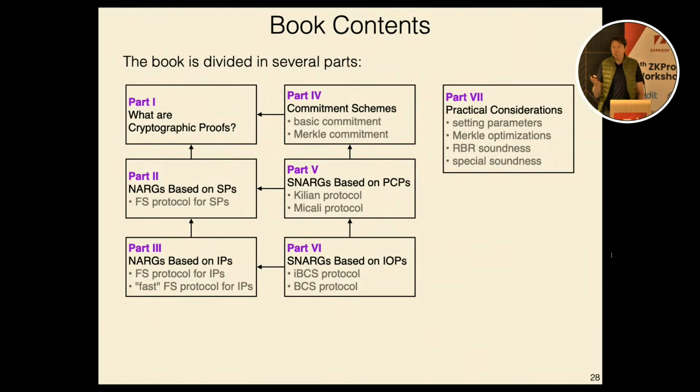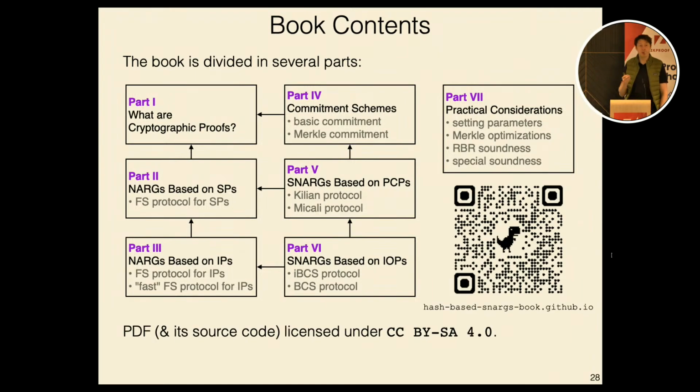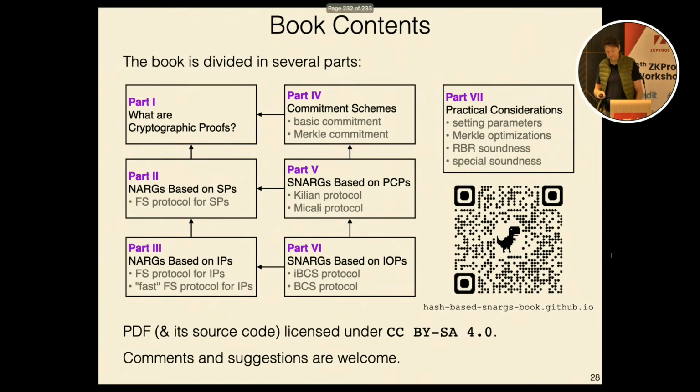How do round-by-round soundness and special soundness imply good state restoration soundness? Not just the PDF, but also the source code, the LaTeX code. And it's available for free under a Creative Commons license. And yeah, we spent a lot of time on it, and we think it is good, but if you have comments, or especially if you find any errors, let us know.